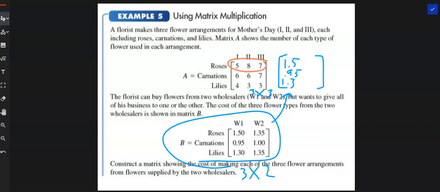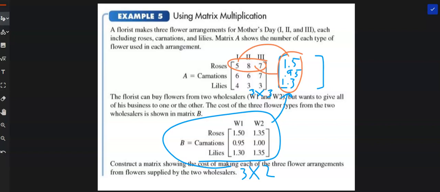Now, since we know that matrix multiplication is row times column, let's just think about what we've got here. The top row of the first matrix are roses. Roses from arrangement 1, 2, and 3. According to the way we do matrix multiplication, first times first works, because 5 is the number of roses and $1.50 is the price of the roses.